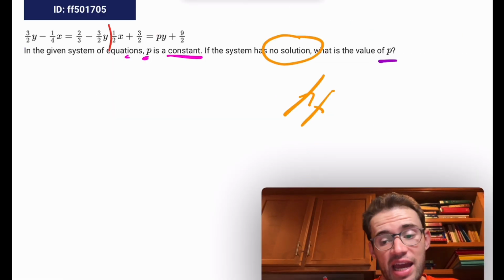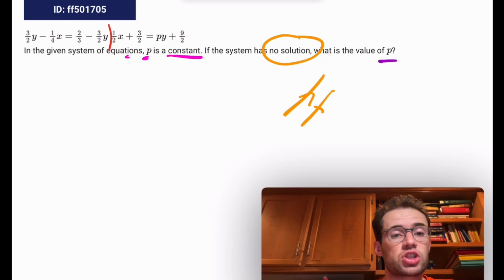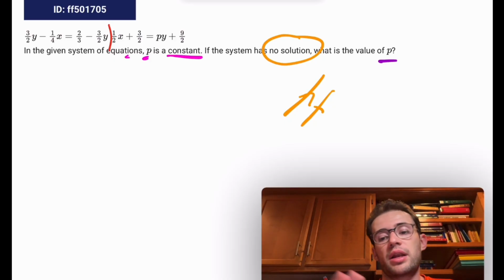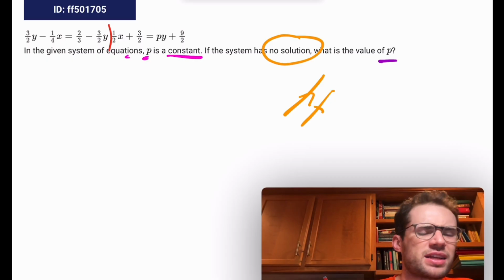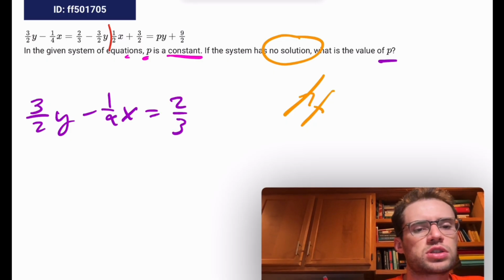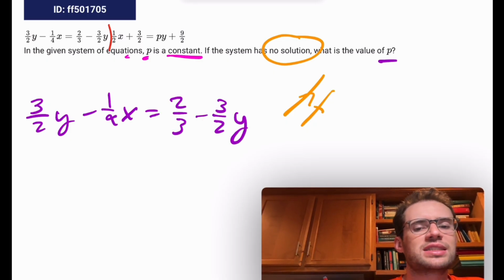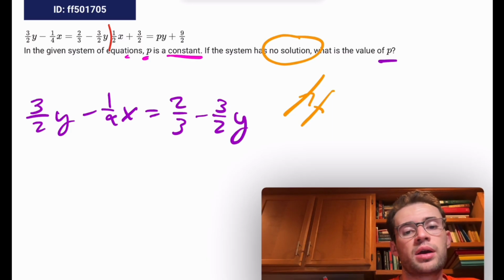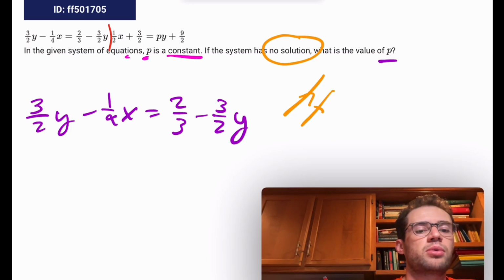Well, I guess, again, we could get it into slope-intercept form. We could also get it into standard form and then just solve for negative b over a, but I think it's easier to get it into slope-intercept form. So I'll start with this first equation: 3/2 y minus 1/4 x equals 2/3 minus 3/2 y. Now when I say it's easier, technically for this first equation, it would be easier to get it into standard form because you just add 3/2 y to both sides.